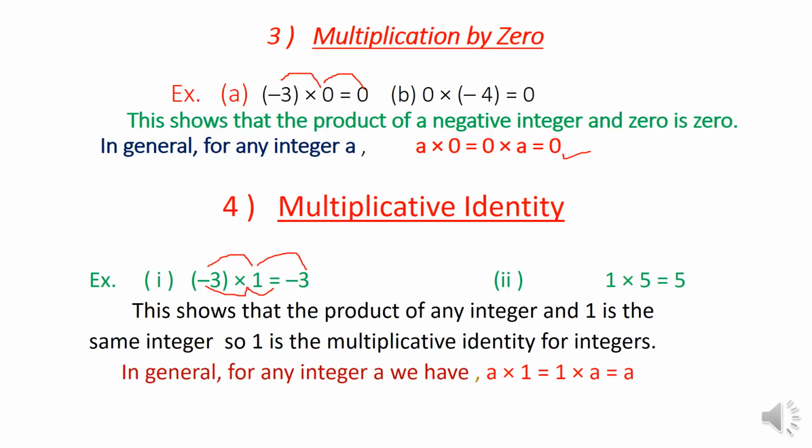This shows that the product of any integer and 1 is the same integer. So, 1 is the multiplicative identity for integers. In general, for any integer a, we have a multiplied by 1 or 1 multiplied by a is always equal to a.